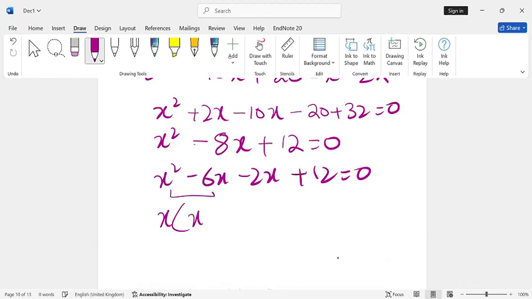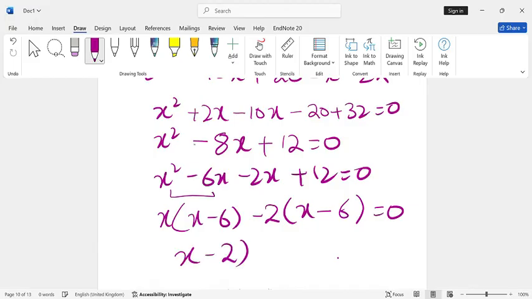We have x minus 6, all right? And I'm taking minus 2 common from the others, so x minus 6, equals 0. So x minus 2 and x minus 6 equals 0, all right?